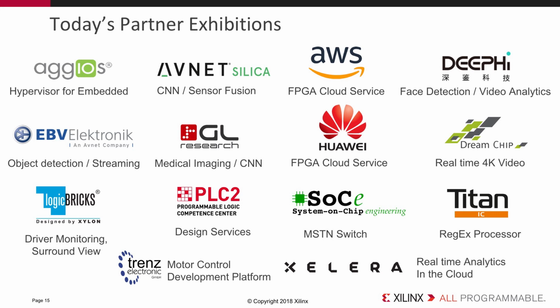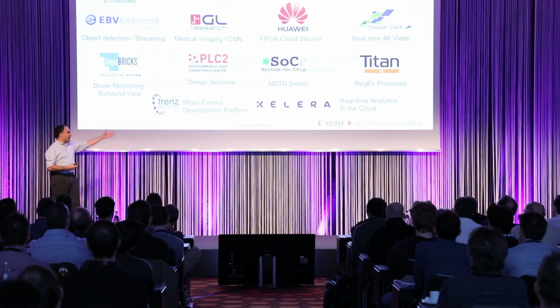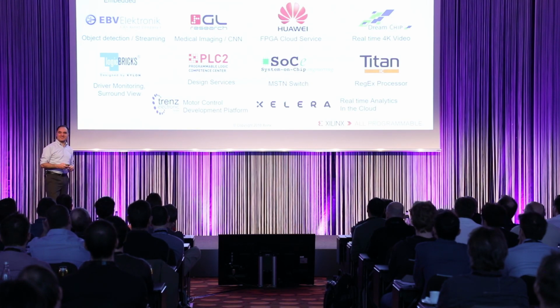DeePhi is demonstrating machine learning. And again, they have that solution both on the cloud and the edge. Titan IC is one of the developers that has an application on the AWS marketplace, so you can talk to them to see what their experience was. Agios specializes in power management for embedded software, and I let you discover everybody else on that slide.